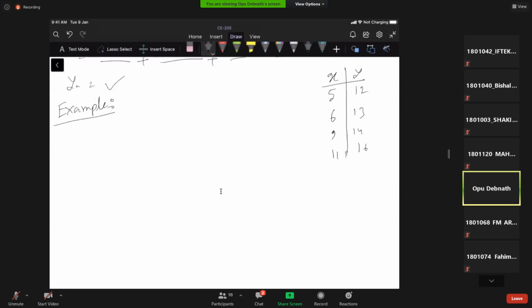So this is your data. Find y for x equal to 10. If your x is equal to 10, what will be the value of y using the Lagrange interpolation formula? We know the basics of the Lagrange interpolation formula, that means y is equal to f of x.